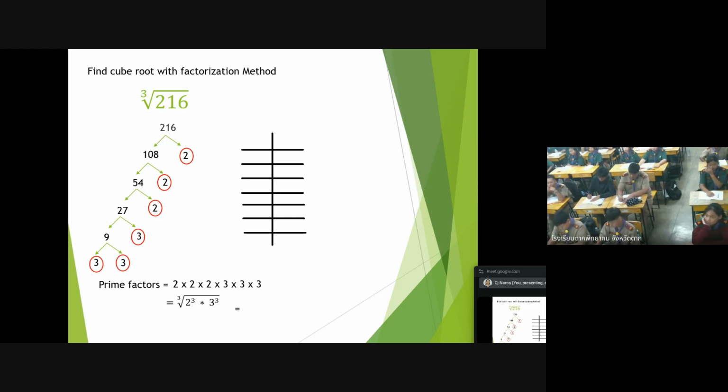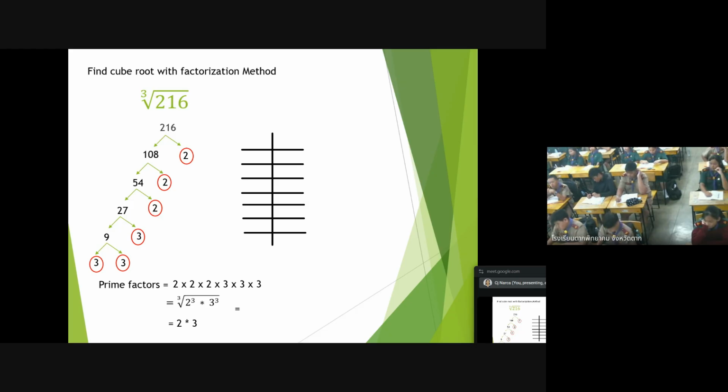So what is the answer? Simplify it. In square root, we have 1/2. In cube root, we have what? This one is 1/3. So, what is the answer? So, we just have 2 times 3.